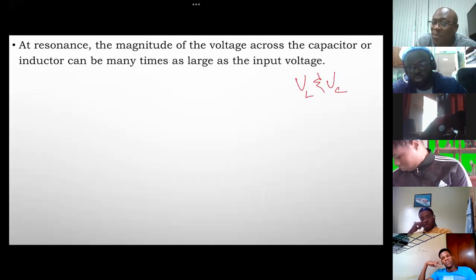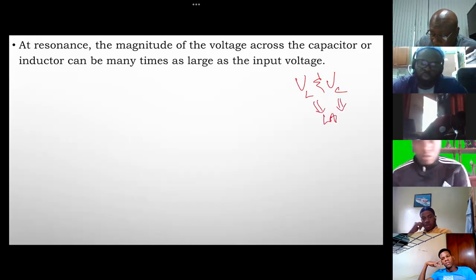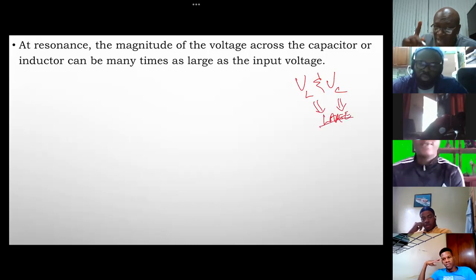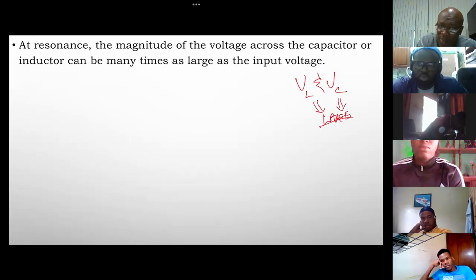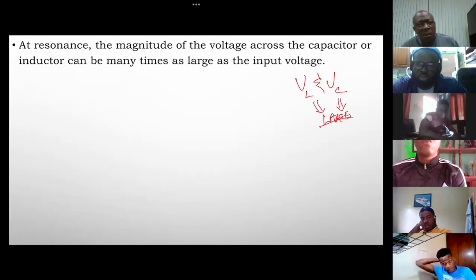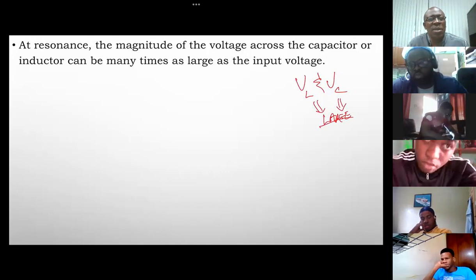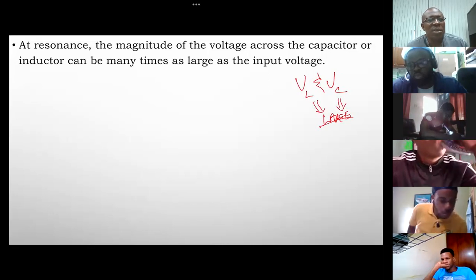But you must never ignore the fact that VL and VC can be large. They cancel each other, but individually, they are large. Now, having said that, these voltages can be much larger than the input voltage.